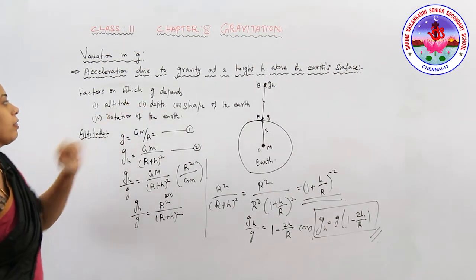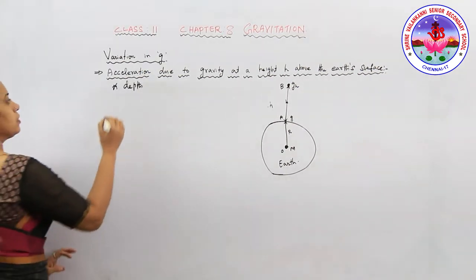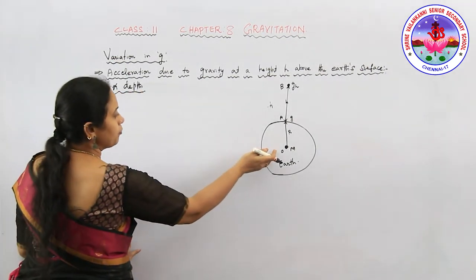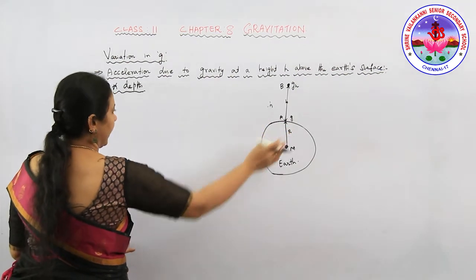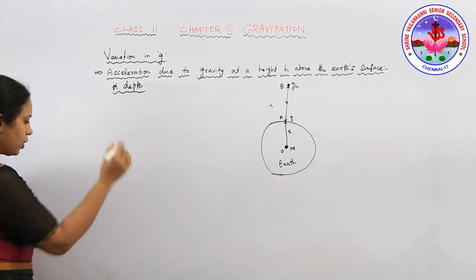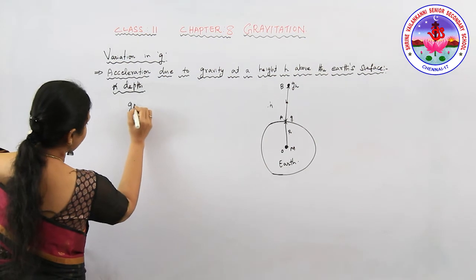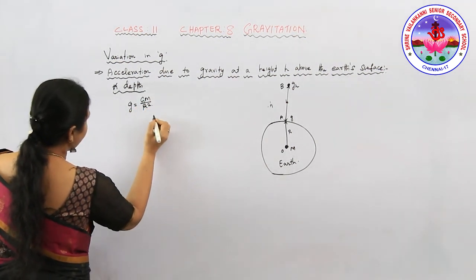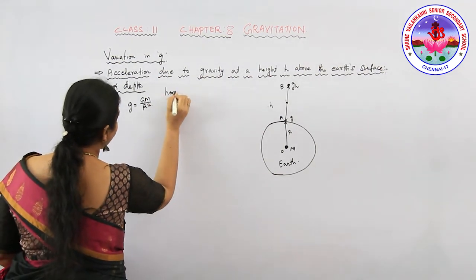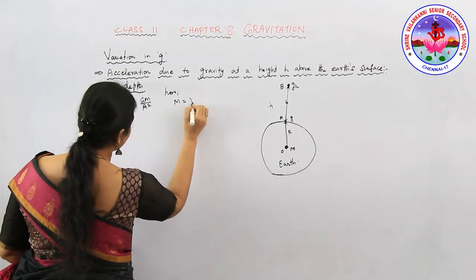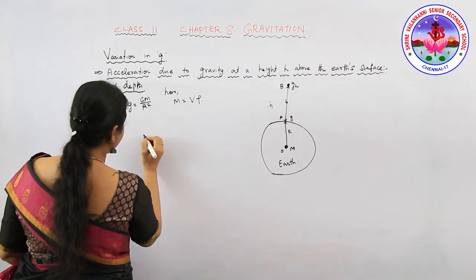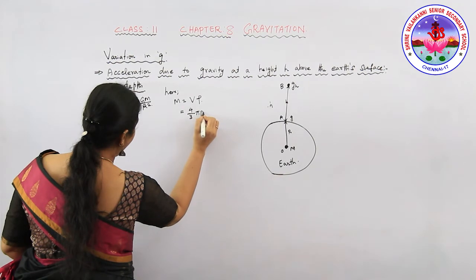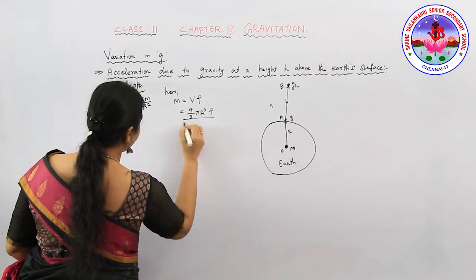Next we will see the depth. Consider the mass m of the Earth, gravity g, and radius capital R. As we know, g is equal to GM by R square. Here mass m is equal to volume into density, so m is 4 by 3 pi R cube into rho.